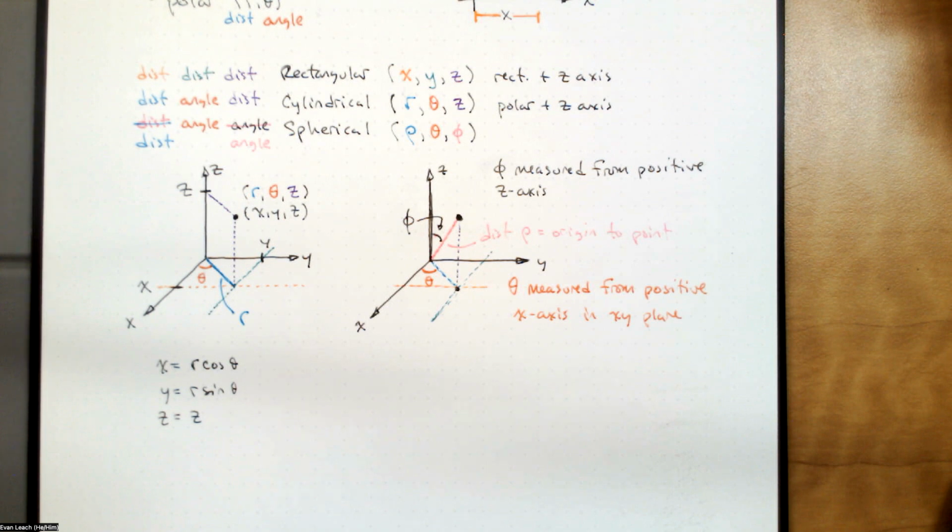X is R cosine theta, Y is R sine theta, and Z is just Z, because we're taking the same floor in rectangular or polar coordinates and just putting the Z axis on it, the same Z axis on both.